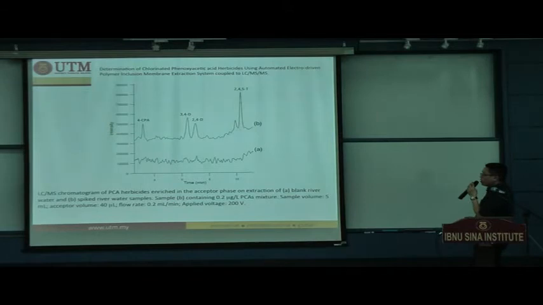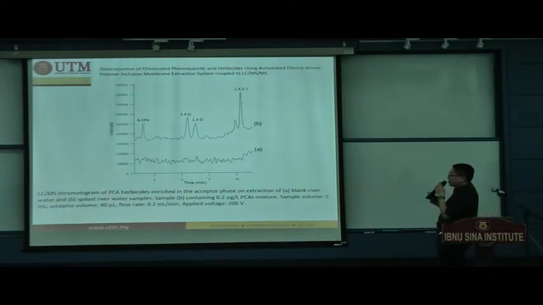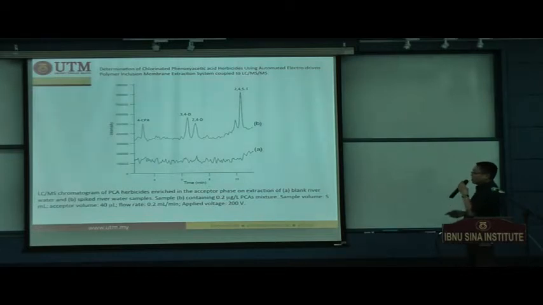For sample B, it only contains 0.2 micrograms per liter, which is ppb. This is very low already, but for EU requirements, you need at least 0.1 ppb as the detection limit. So it should be fine because we can actually achieve even much lower, but this is for demonstration.